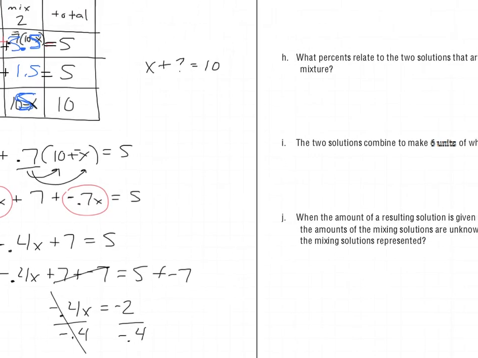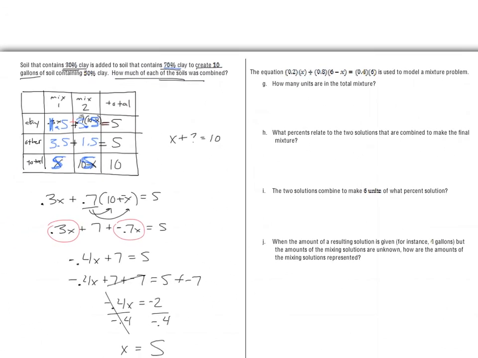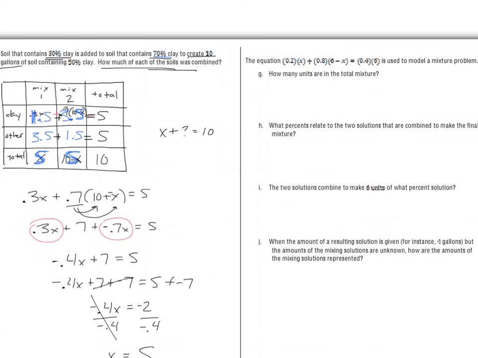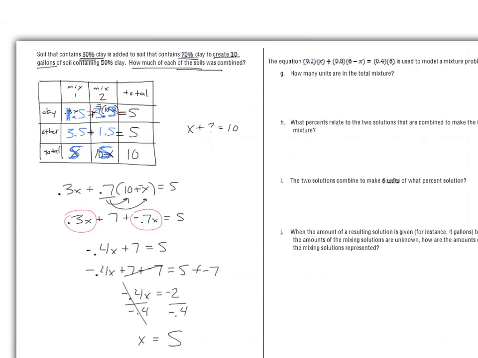So as we come over here, we're given an equation, and it tells us it's used to model the mixture problem. So when we think about this, how many units are in the total mixture? So looking at our total mixture over here, this would be our total part. It's 0.4 times 6.